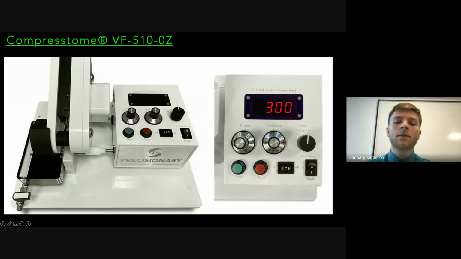On the interface on the right, you have an adjustable advance speed with settings of 1 to 10, adjustable vibration frequency, also settings 1 to 10, and an adjustable thickness, which can be adjusted from 1 all the way up to 999 microns. And it has been quality tested to cut below 10 microns. And with some tissue types, you can actually cut as low as 4, depending on that tissue.